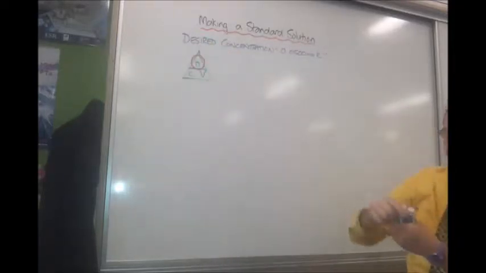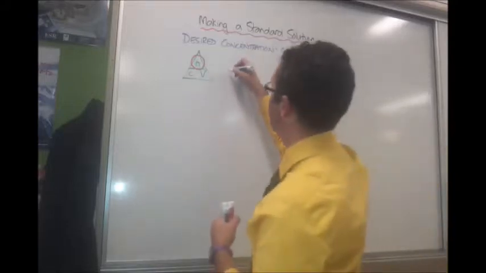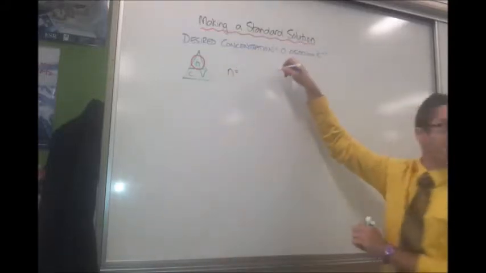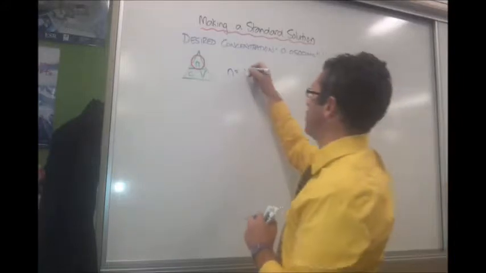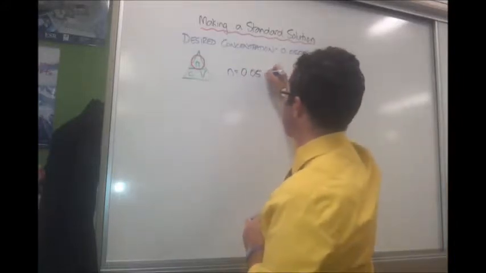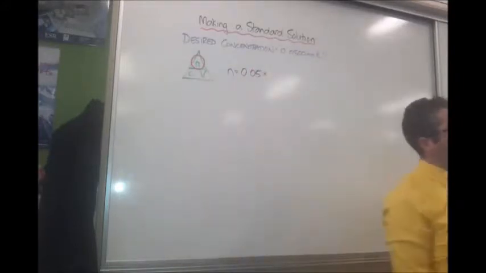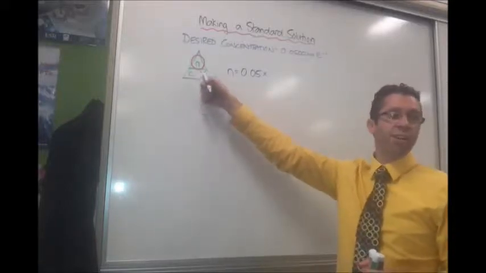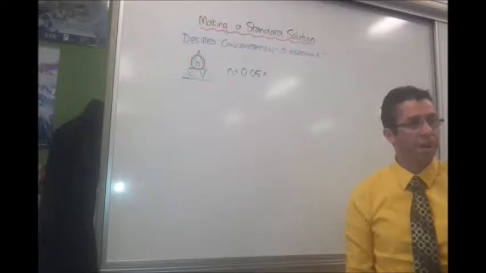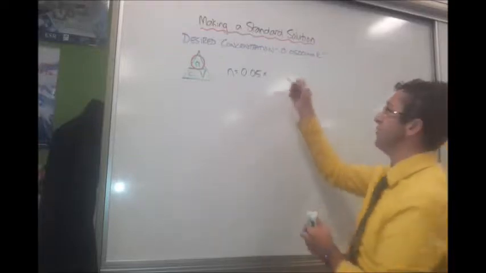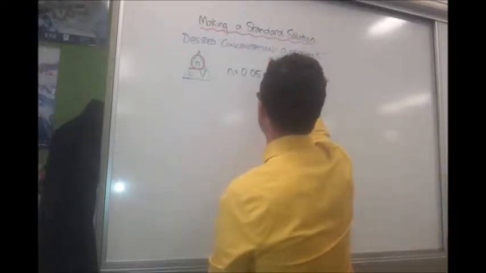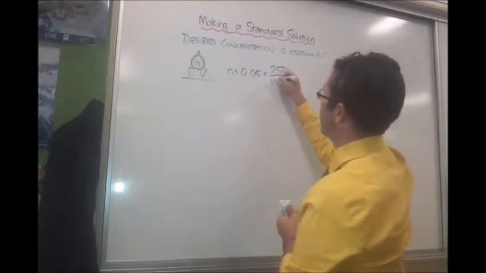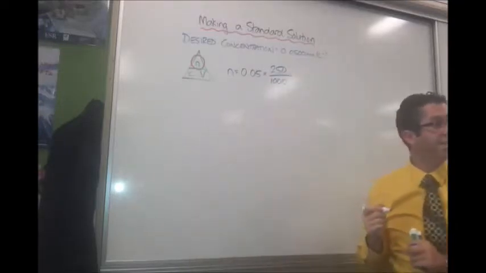My desired concentration is 0.05. Okay, I don't worry about 3 at the moment. That'll come later. And my volume is 250 mils. But actually in here, and the reason I use a capital V for volume is to remind me that it's capital L for litres. 250 may be my mils that I need, but I've got to put that over 1,000 to get it into litres.